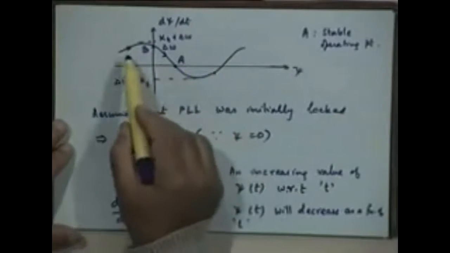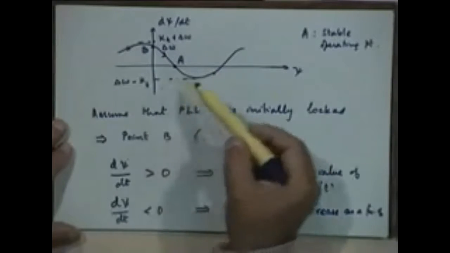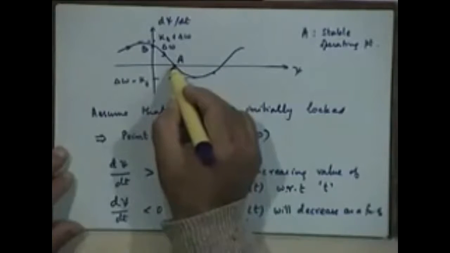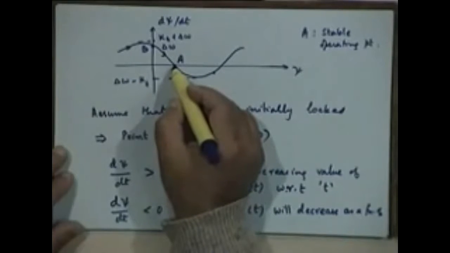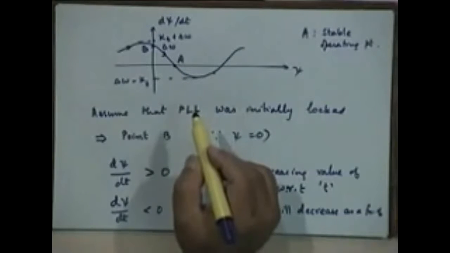So, in summary, in the upper half plane we will move along the trajectory to the right side, in the lower half plane we will move along the trajectory to the left side, and that leads us to the conclusion that point A is a stable operating point of the phase lock loop, right.